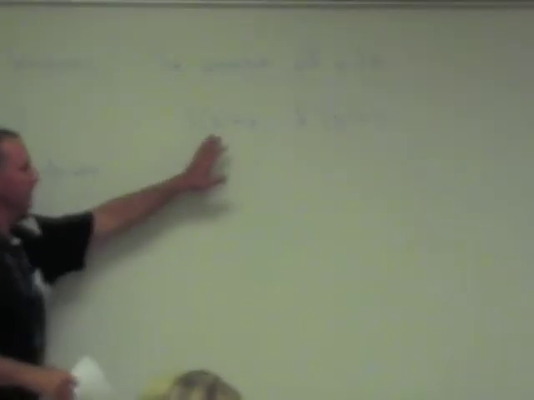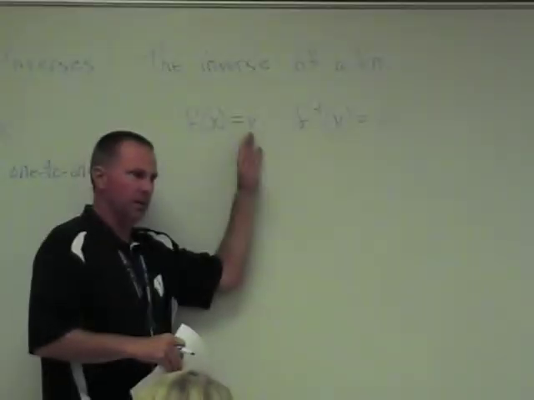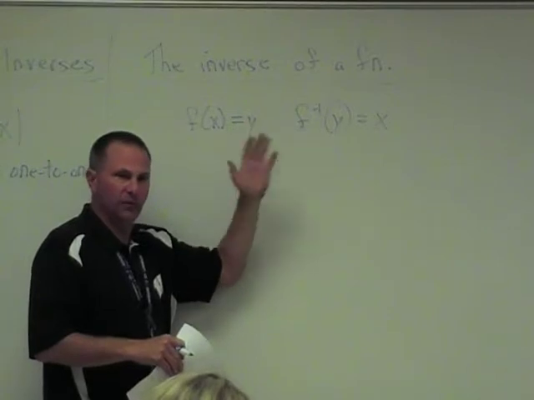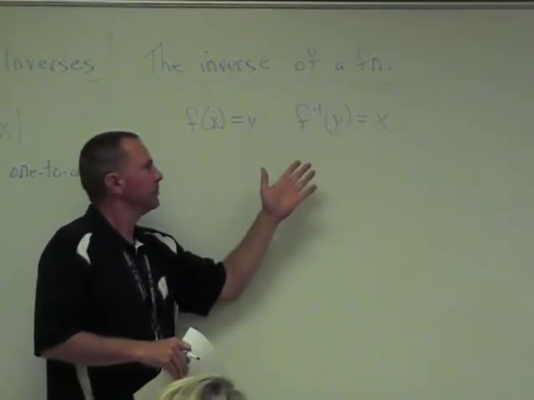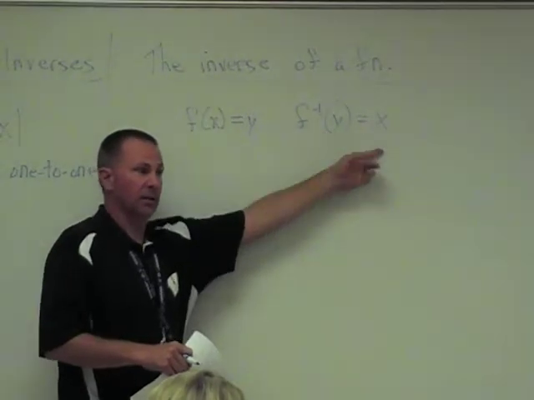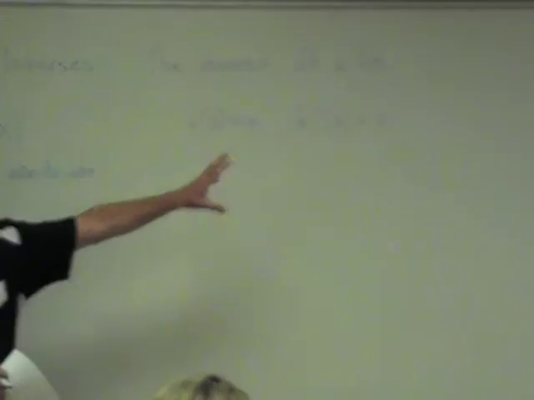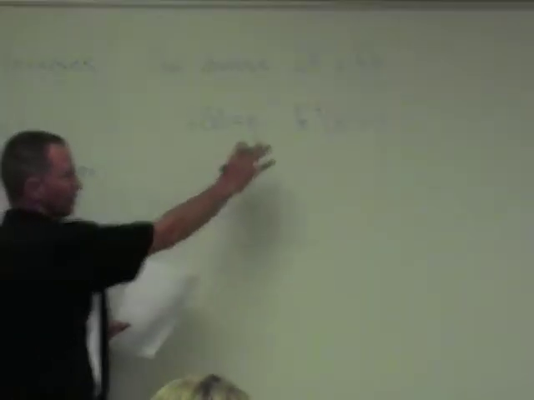And what this is saying is, for whatever value of x I put in the function, I'll get an answer y. And if I find the inverse of that function, if I plug that y value into it, I'll get the x value that I had started with.